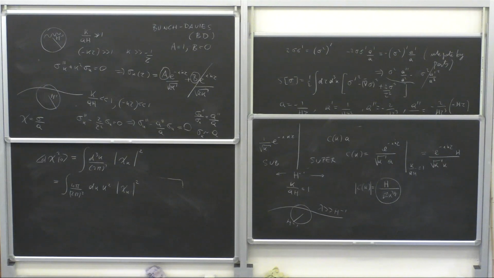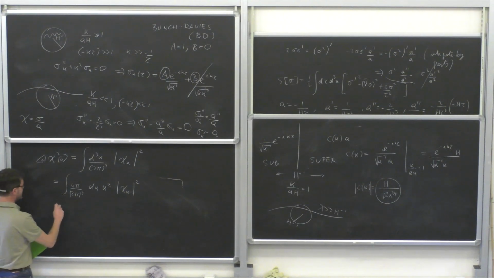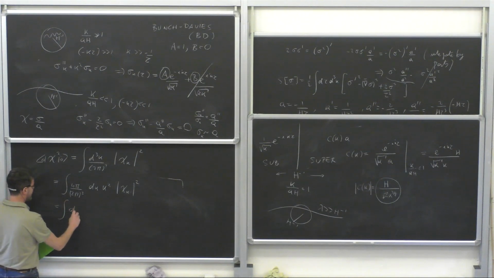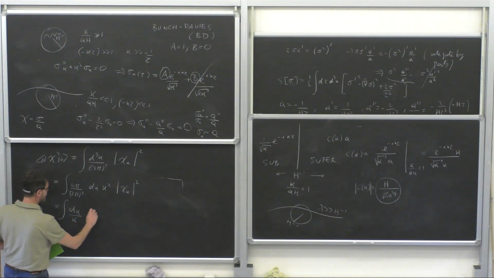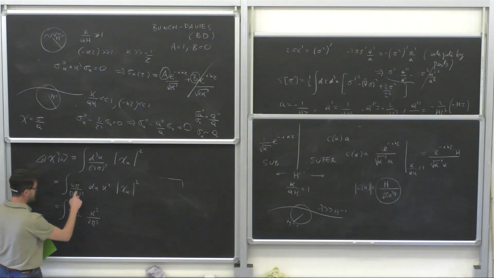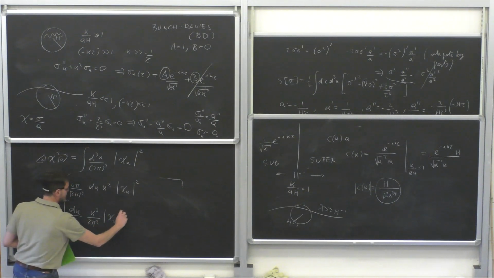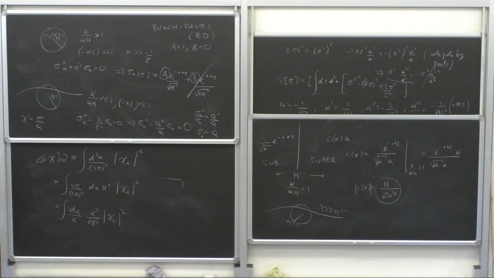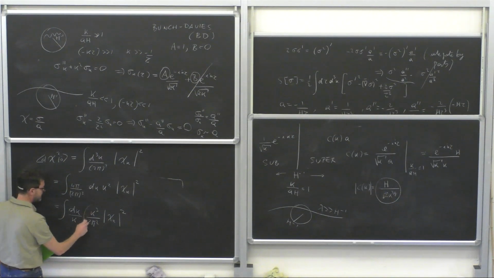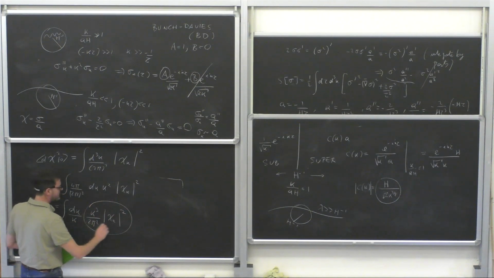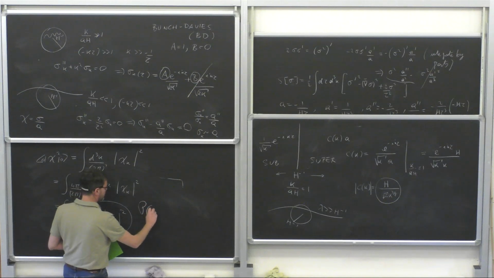Okay? Now I write this as the integral of dk over k times k cubed divided by 2 pi squared, which is this ratio here, times chi sub k squared. And that's my definition, I call this the power spectrum of my chi field.